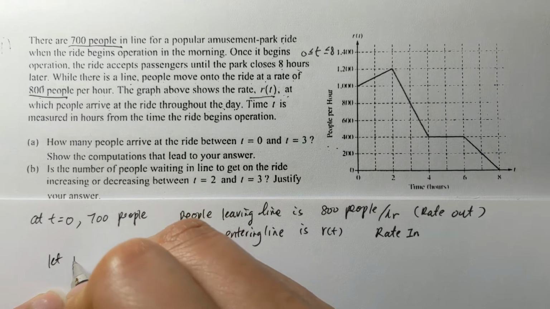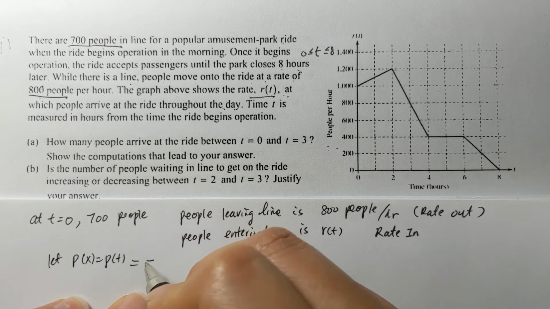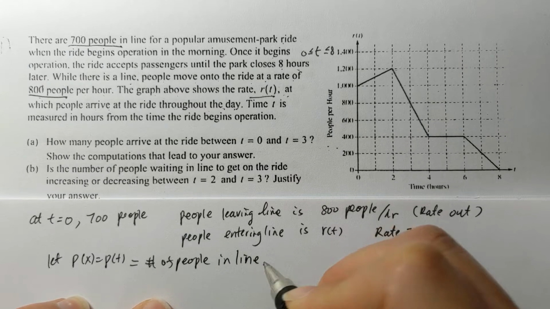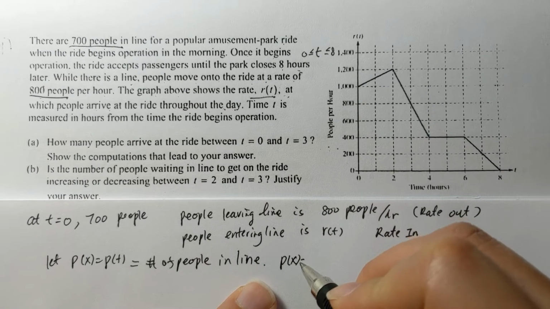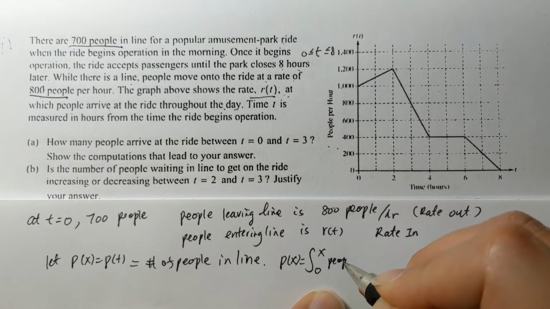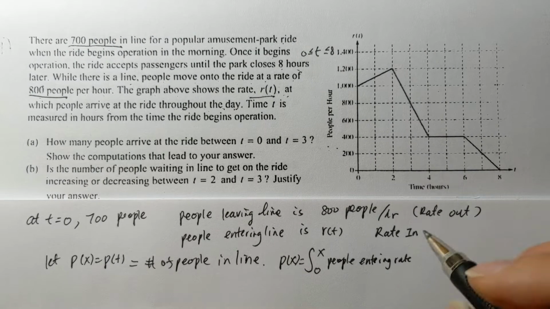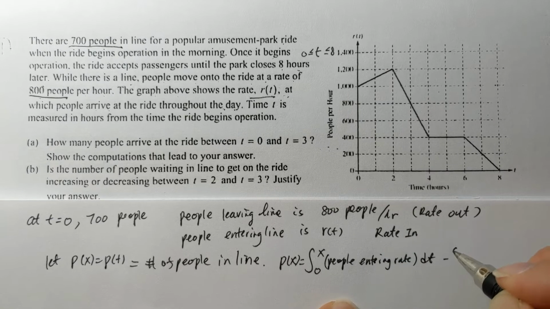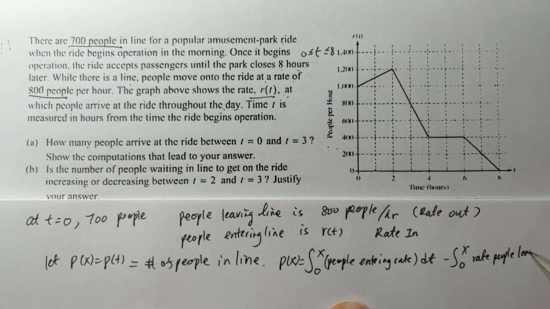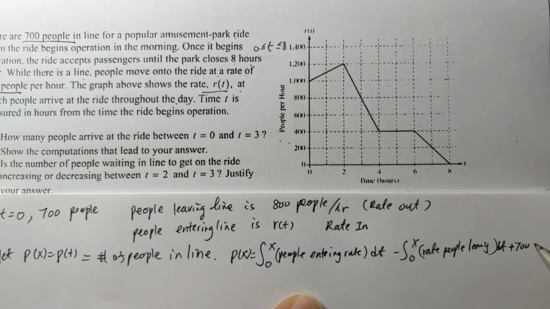So if you let P of t or P of x equal the number of people in line, then we got P of x equal to the integral from 0 to x of the people entering rate dt, minus the integral from 0 to x of the rate people leaving, plus 700.